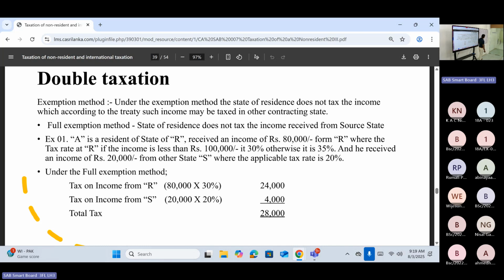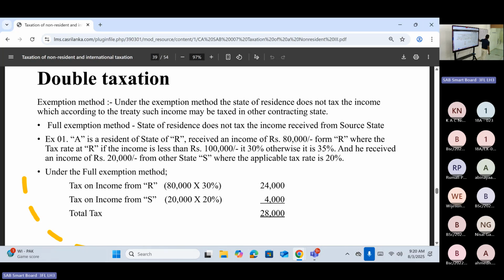He is receiving 20,000 from country S, where he is considered a non-resident, so he pays 20%, 4,000. But in country R, we are giving full exemption, so we are not considering this income. He pays tax only on the 80,000 received from the resident country, at 30%, which is 24,000. Altogether, 24,000 plus 4,000, 28,000.